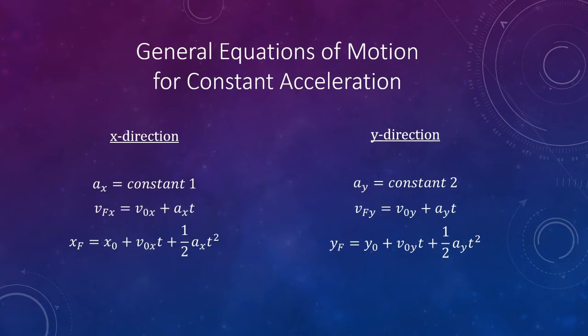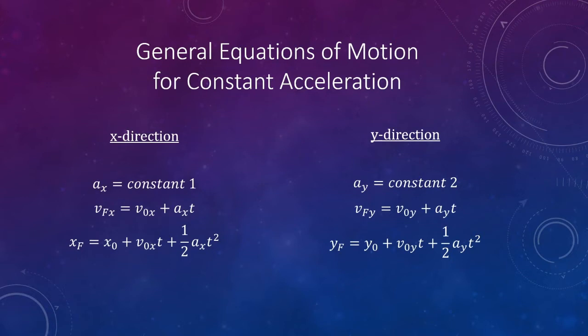In kinematics, when you start out, you're operating under the assumption that your accelerations are constant. And so when you have a constant acceleration, that means the final velocity is equal to the initial velocity plus that acceleration times time, and the final position is equal to the initial position plus the initial velocity times time plus 1/2 the acceleration times time squared.